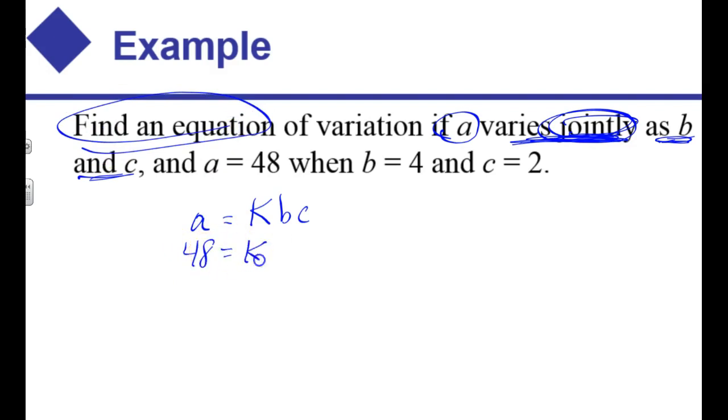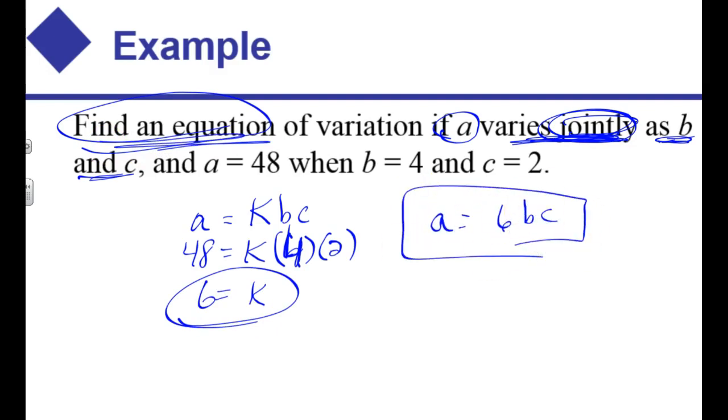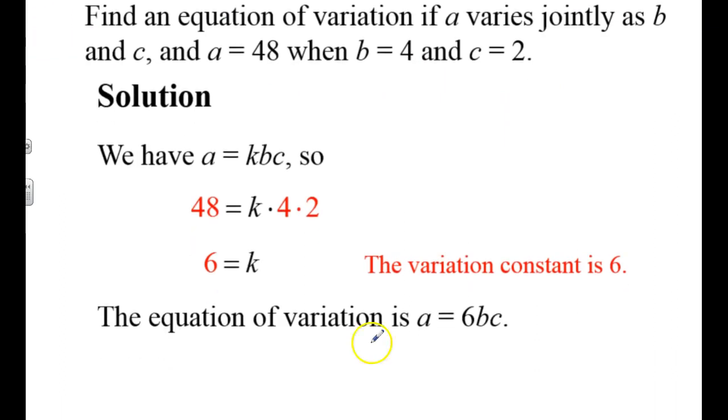So 48 is equal to k times 4 times 2, divide through by 8, and I get 6. But remember, that's not the answer because it said write the equation. So I'll have to say a is equal to 6bc for the final solution. And the author agrees. a equals 6bc.